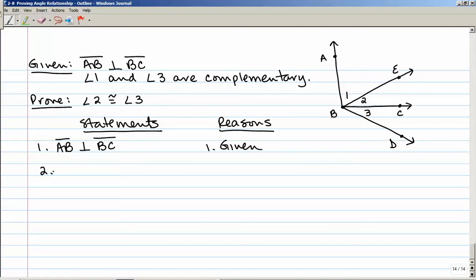Okay. And if two lines are perpendicular, then they form right angles. Since AB is perpendicular to BC, then angle ABC is a right angle. And that was from the theorem that we did in part 1, that perpendicular lines form right angles.